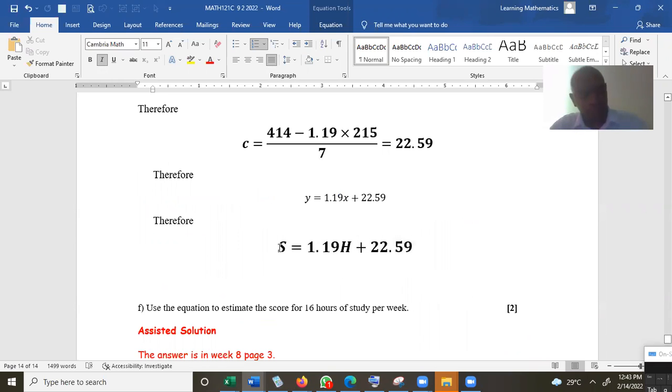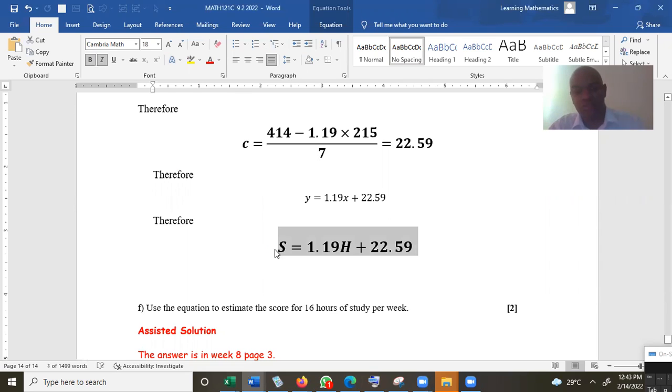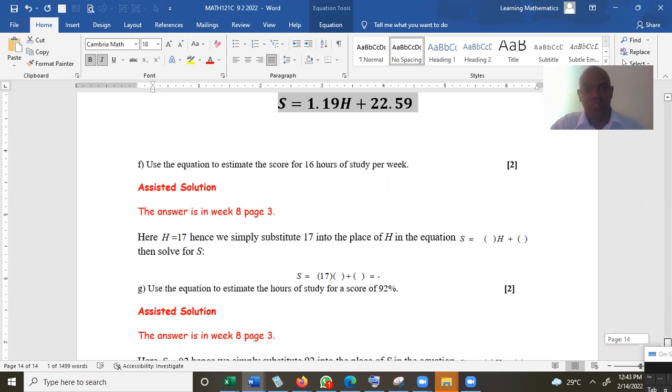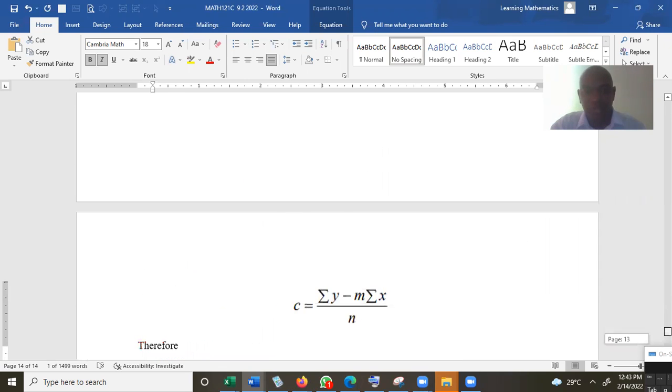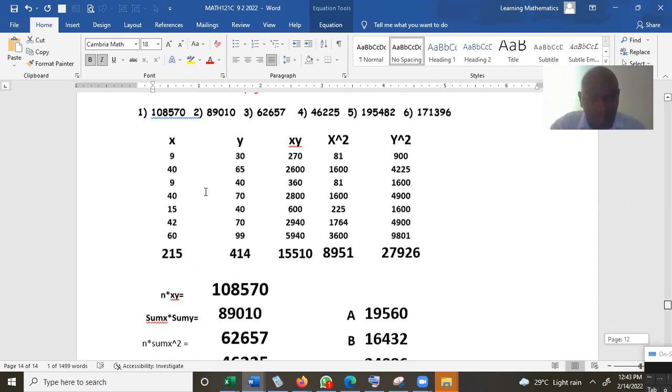Now, this is a simple example of hours of study and score, but economics, accounts, biology, chemistry, physics, you can actually use data.